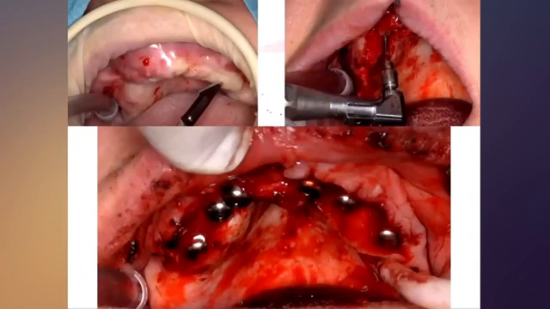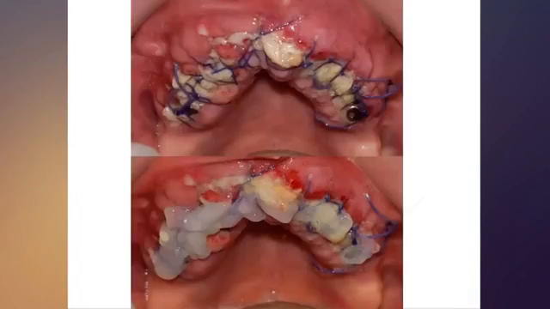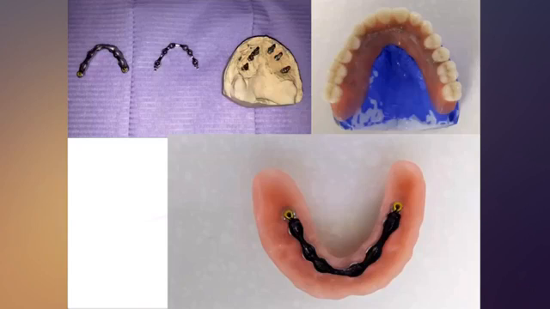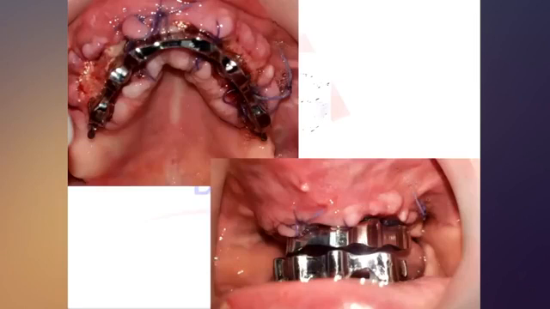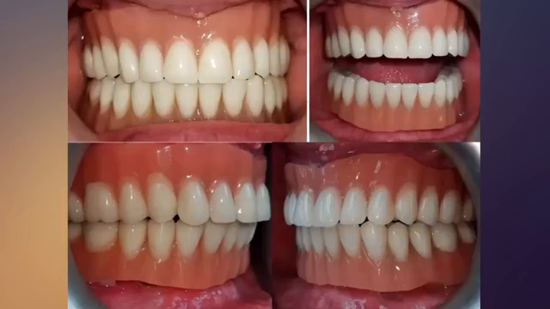So, palatal approach, all on 6 in the upper one, immediate impression, and sticky bone a little more. And this is the solution in the upper jaw, similar to the lower one, but with 6 in the upper one. This is the situation in the CBCT, and this is the final situation of the patient.